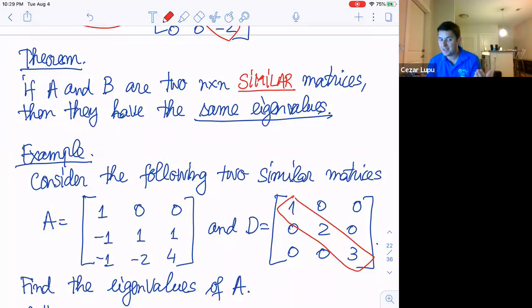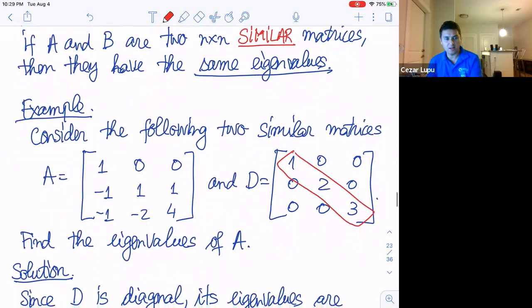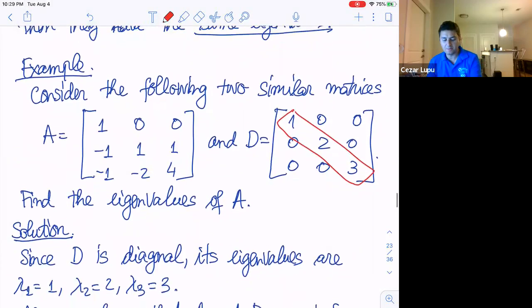I'm applying the definition of similar, such that D equals P inverse times A times P. And moreover, D will have the eigenvalues of A on the main diagonal. Wow, that would be a huge thing. And guess what? This is exactly what happens.